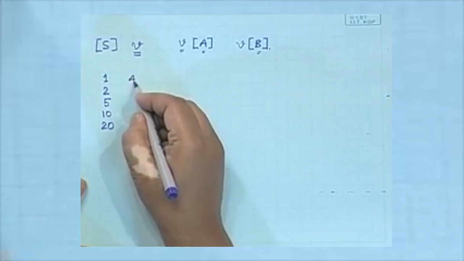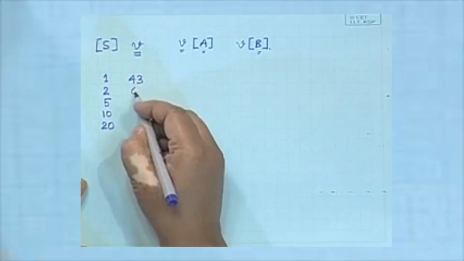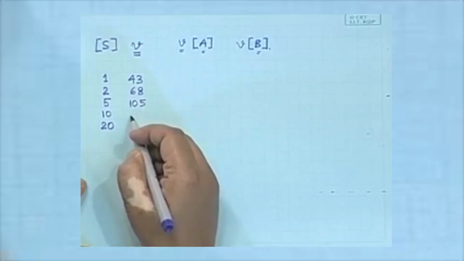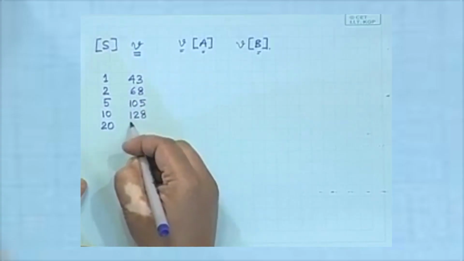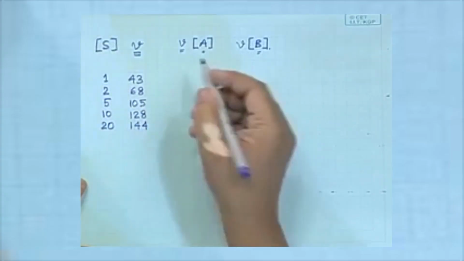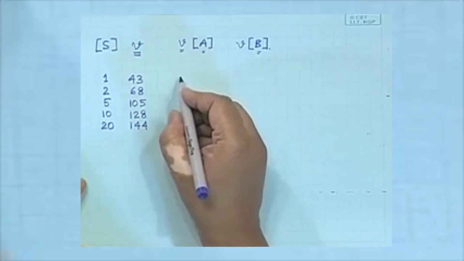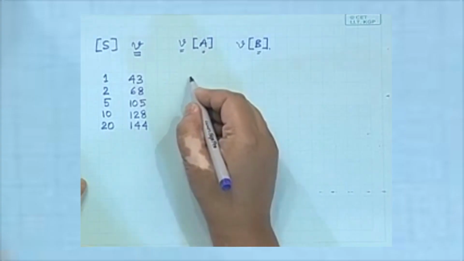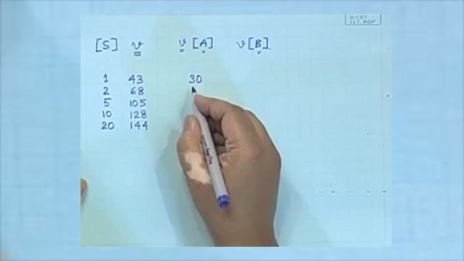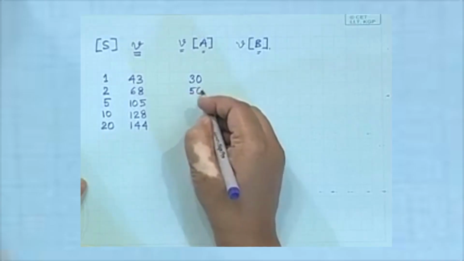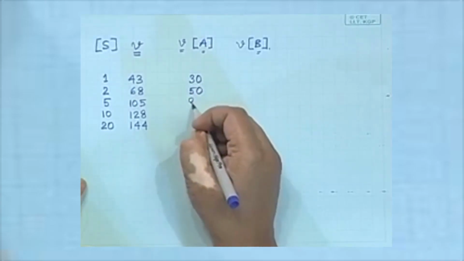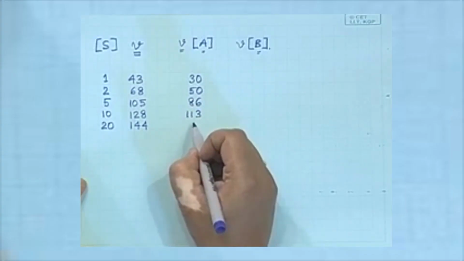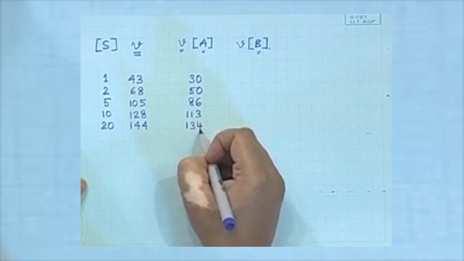The velocity for no inhibitor: 43, 68, 105, 128, 144. With the inhibitor A, we have 30, 50, 86, 113 and 134.